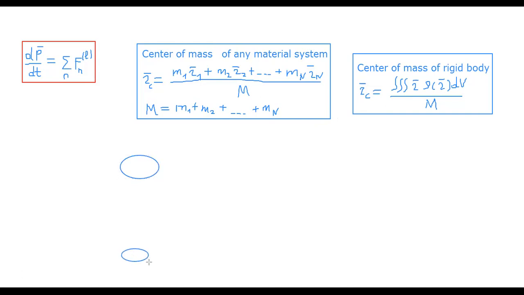For example, if we have a homogeneous cylinder like this, the center of mass will be on its axis of symmetry.